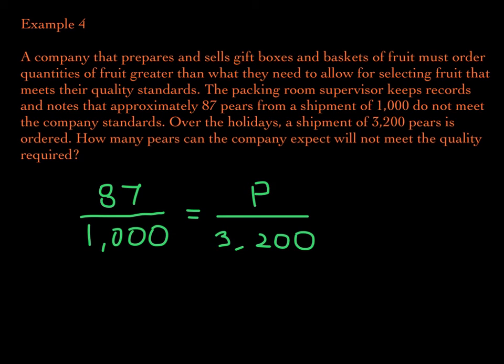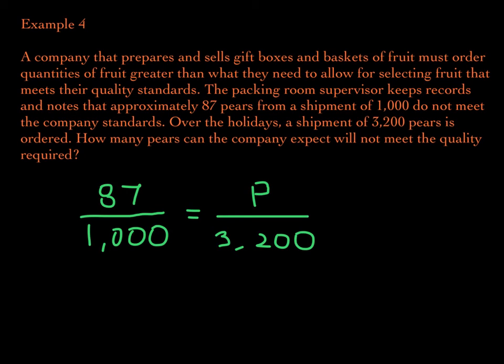Does that make sense, everybody? 87 pears is to 1,000. Now, this is the number of pears that do not meet the quality standard. So 87 is to 1,000 what P number of pears is to 3,200.